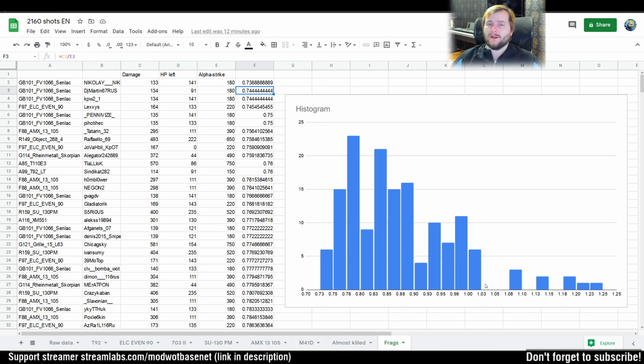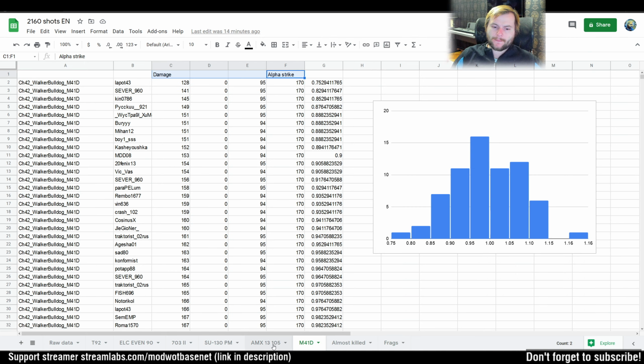Almost always you will have to shoot it once, make a penetration, reload, and destroy it. That's all.